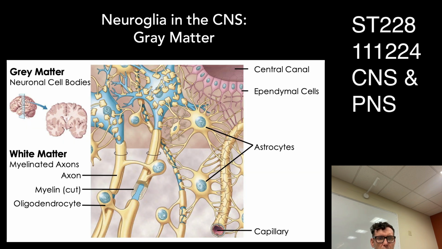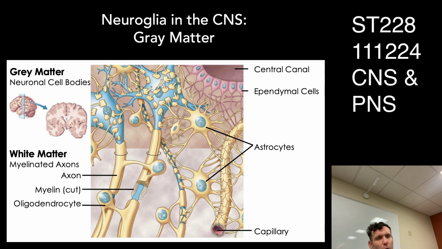All right, so here is a picture of gray matter and white matter. Here in the gray matter, we have the cell bodies. That's why they're gray. And we can see ependymal cells creating the cerebrospinal fluid, and astrocytes creating the blood-brain barrier and also giving a structural framework for all these neurons.